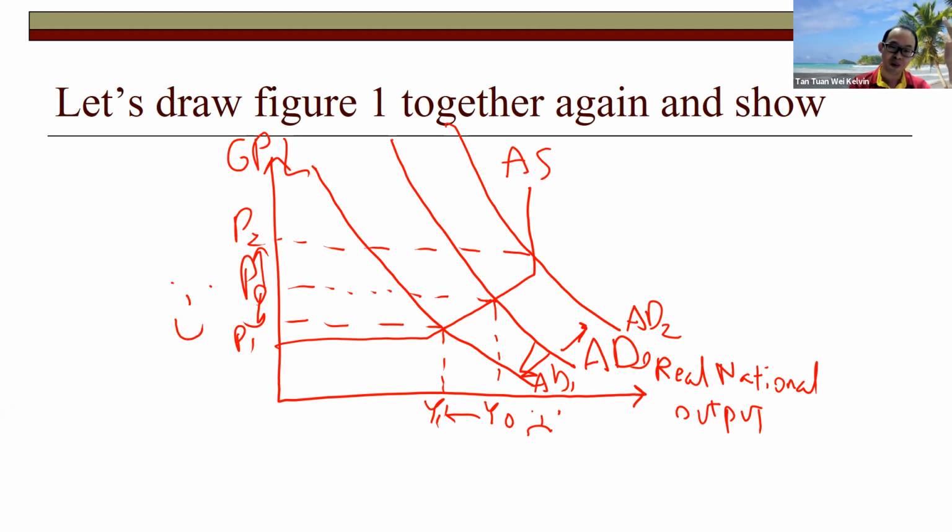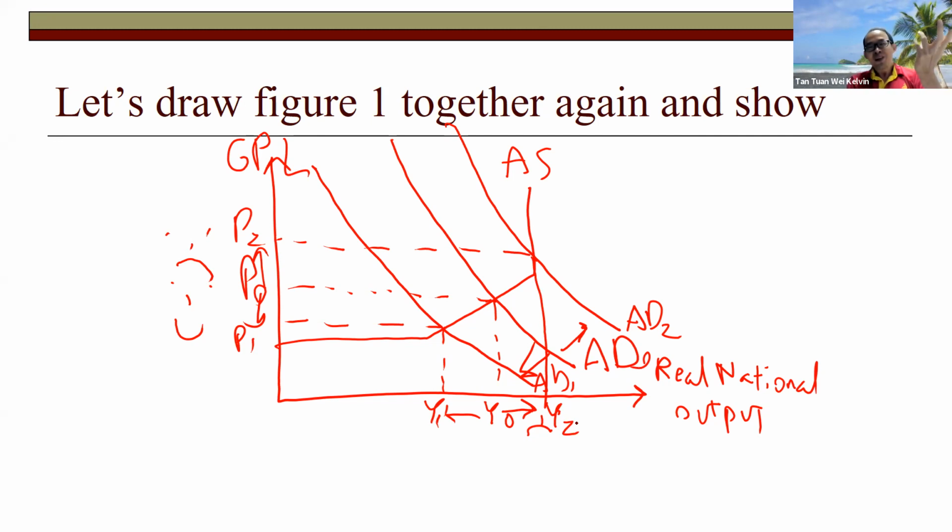So in macroecons, we call this inflation. So that is usually seen as bad. So I put a frowny face here. But can you see that this somewhat good thing is that the national income actually increases. So if there's real GDP growth in this case, we might say it is good.